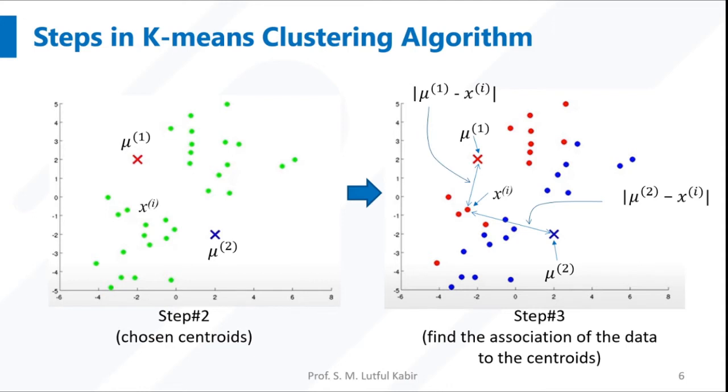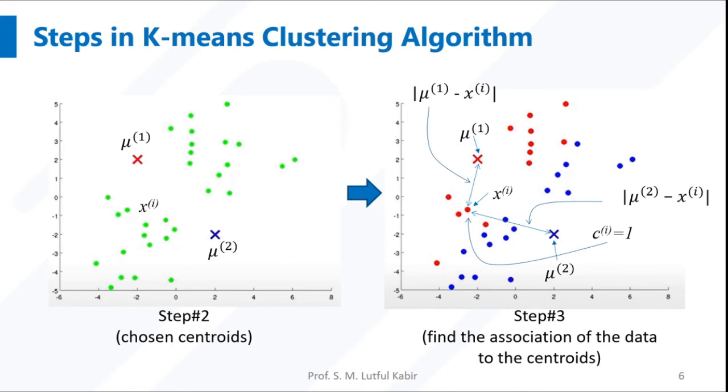So whether it will be a red data point or a blue data point depends on the distance between that point and the center. Whichever distance is lower, that point will be associated with that particular center.